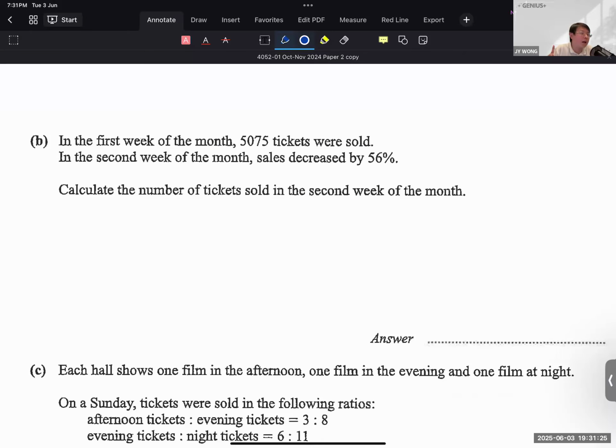Decreased by 56%. You all don't go and do stupid things. So number of tickets sold in the second week is equal to what, Junhao?